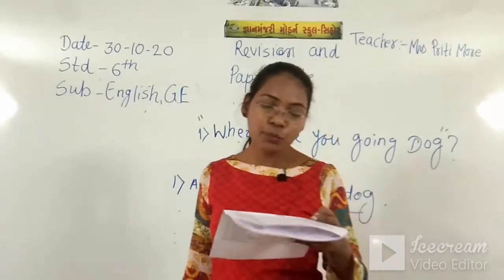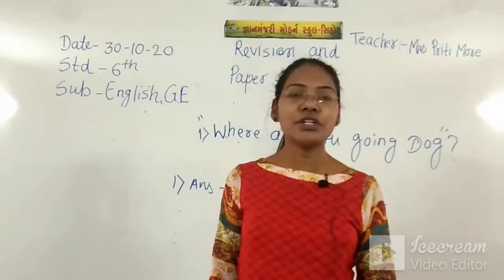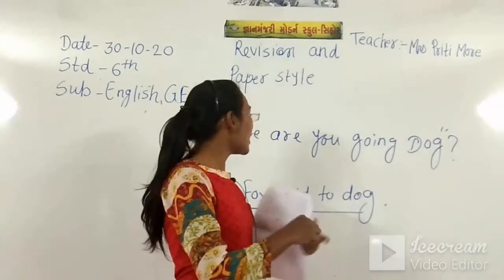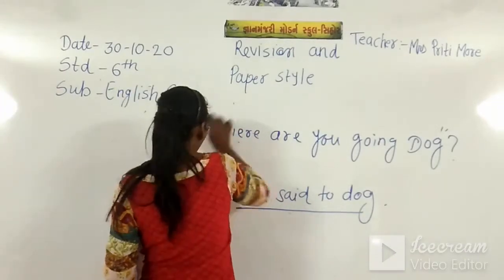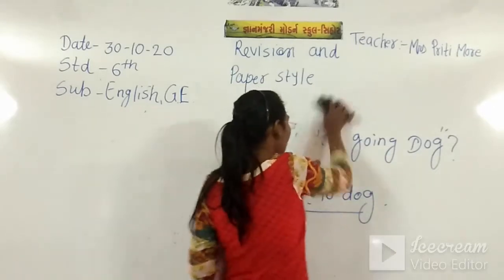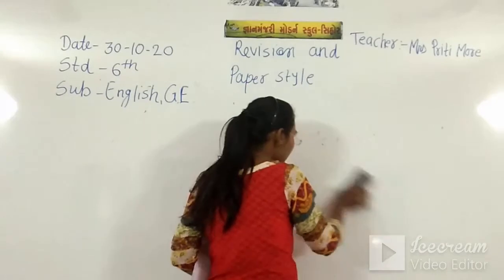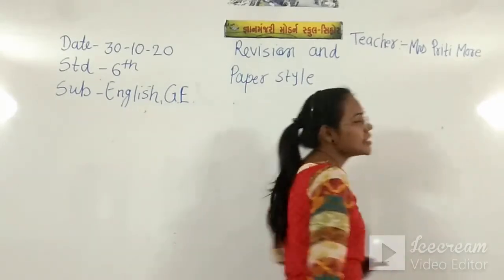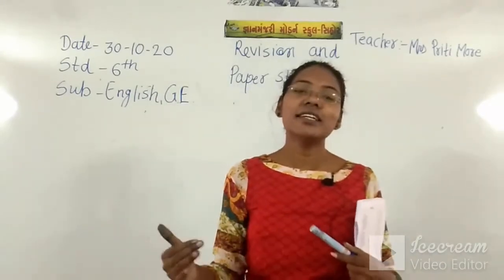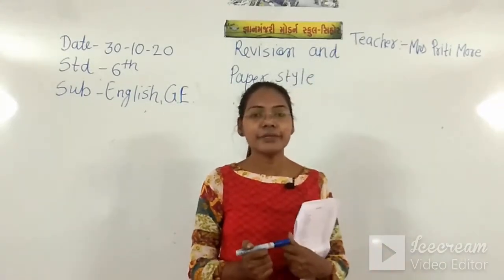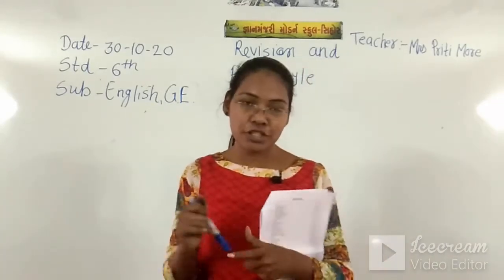Now complete the poem. Question number 6 will be complete the poem. So what you have to do here, any particular stanza, you have to complete from any rhyme. There are some rhymes: Where Do All Teachers Go, Kite, Beauty, Quarrel. These rhymes are there in your textbook, and you have to refer to all the rhymes, and any one stanza will be there in your question paper.